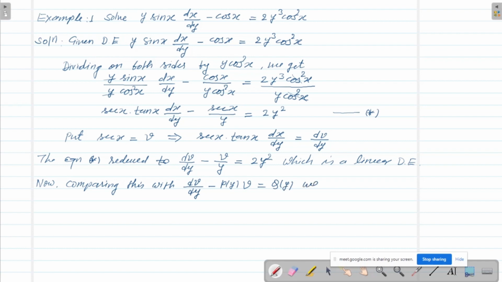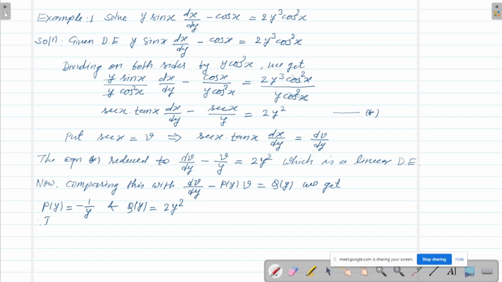We get P of y is negative, that is minus 1 upon y, and q of y, q is a function of y, is 2y square. Okay, now our job is to find the integrating factor.